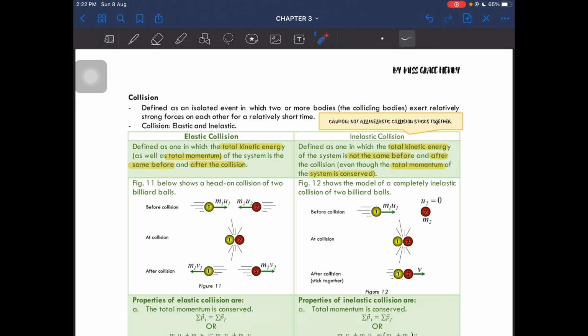So the only difference is the kinetic energy. For elastic collision, initial kinetic energy is equal to final kinetic energy, but for inelastic collision they are not equal.